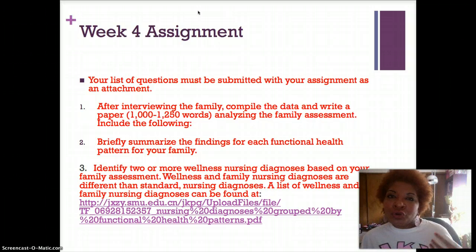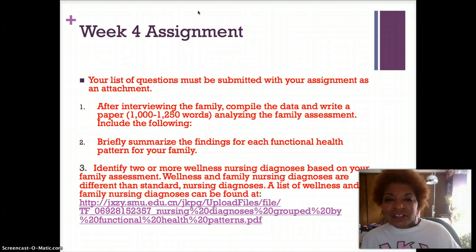Tell me about your health pattern, or tell me about your relationship with your medical doctor, or tell me about your relationship with your gynecologist and your general physician, your primary health care provider, or your nurse practitioner. Leaving it open helps you gather more information than a closed-ended question.